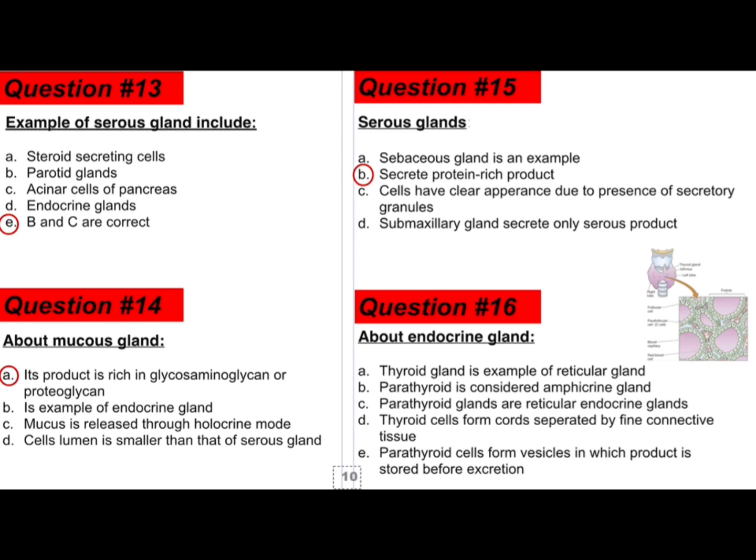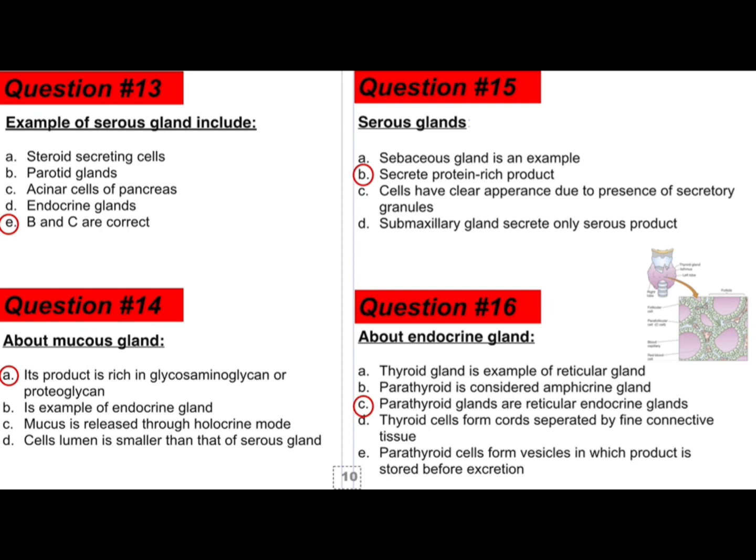Option C, parathyroid glands are reticular endocrine glands. This is correct. Parathyroid glands are examples of reticular glands, which are formed of cords. That is, cords are densely packed cells which are separated by fine connective tissue.